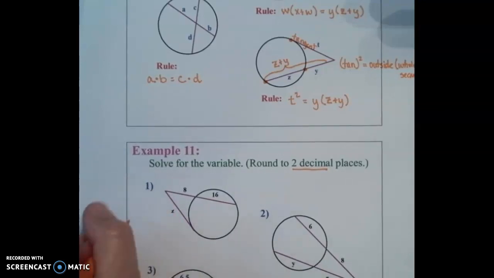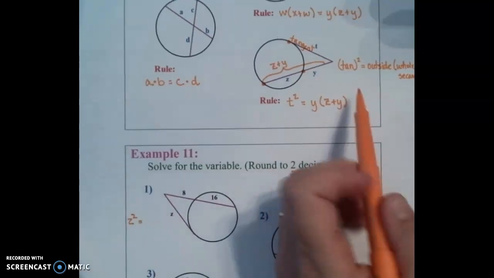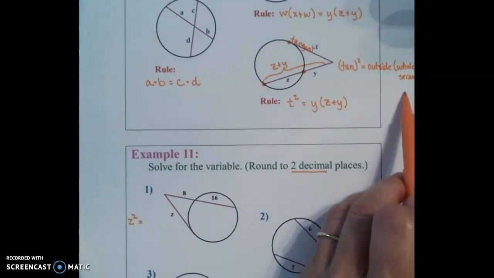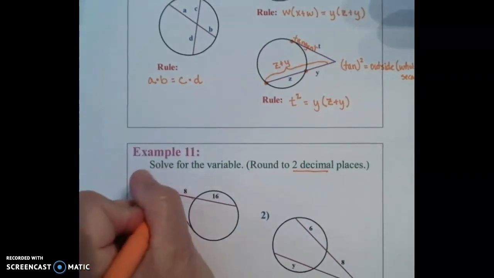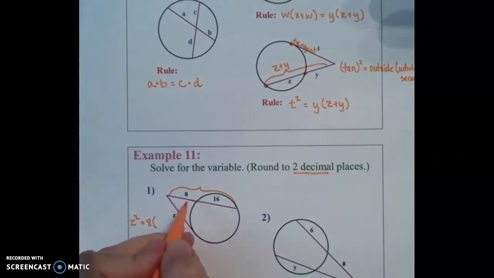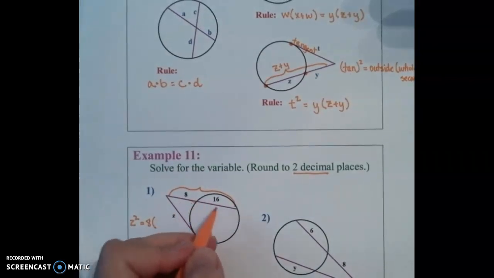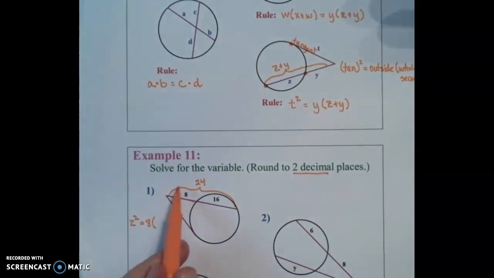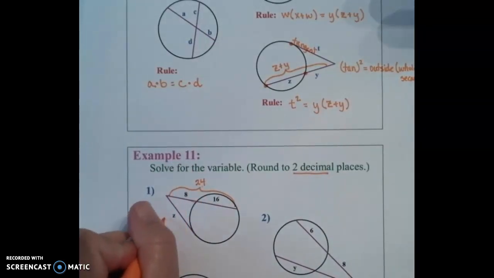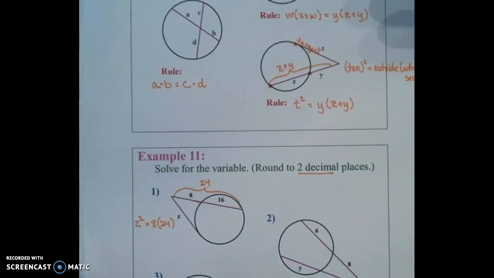So tangent squared, z squared equals outside times the whole secant. The outside part is 8 times the whole secant. I'm going to add 8 plus 16 to give me 24. So z squared equals 8 times 24, which is 192.